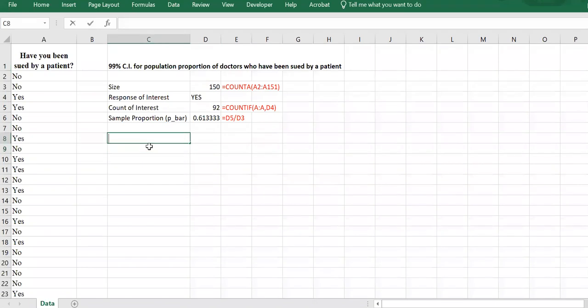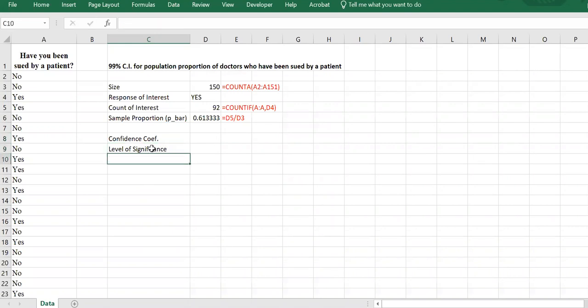Now we need to build the margin of error. For the margin of error, I need the Z value. For the Z value, I need the confidence coefficient, which gives me the level of significance.